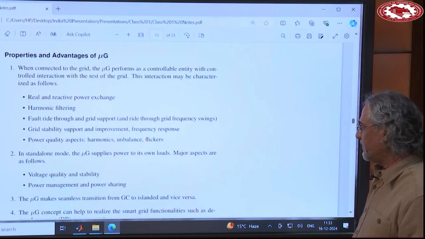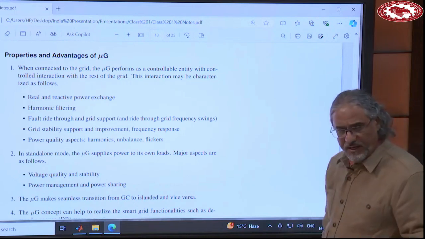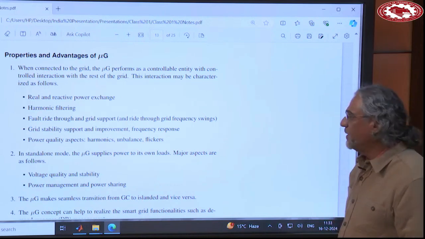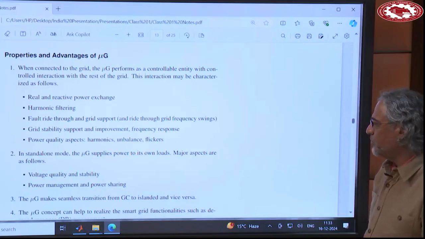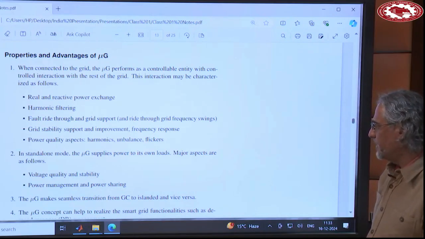and it can even provide stability support and improvement to the power grid. And power quality aspects of this entity should also be studied in terms of harmonics, unbalance, flickers, and so on.